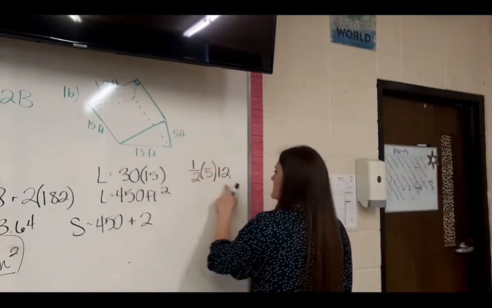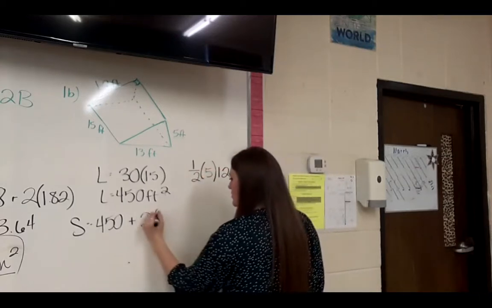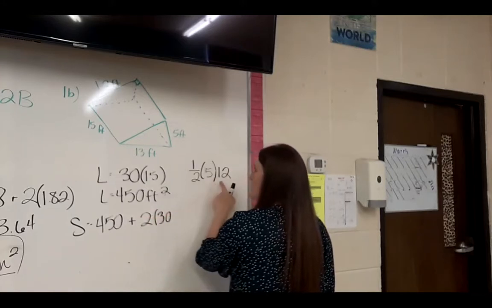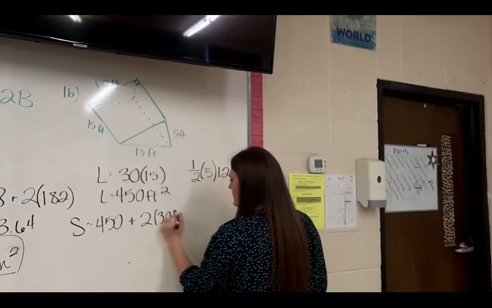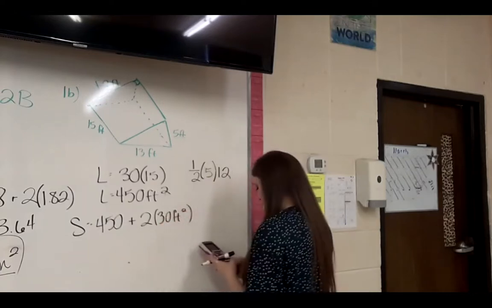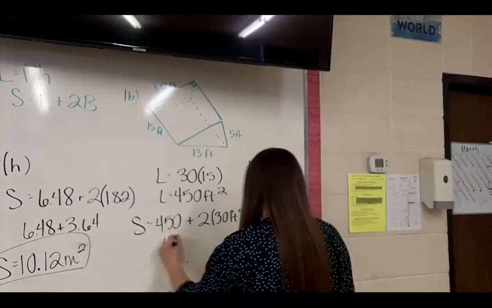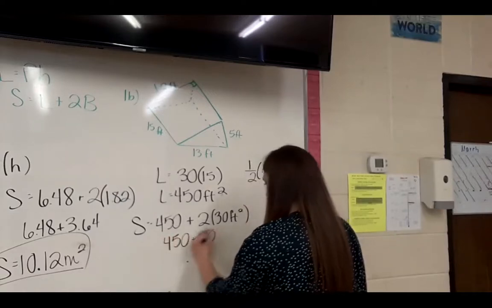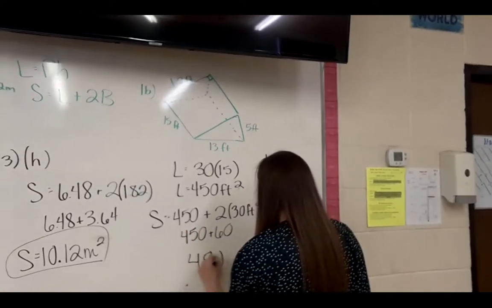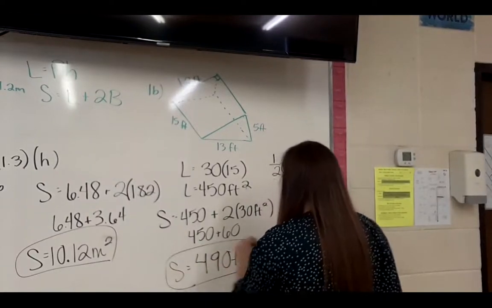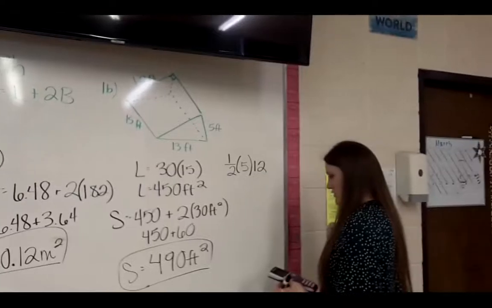So half of 12 is 6, 6 times 5 is 30, so 2 times 30. Let's see, feet squared. So 450 plus 60, 490 square feet is our surface area of the triangular prism.